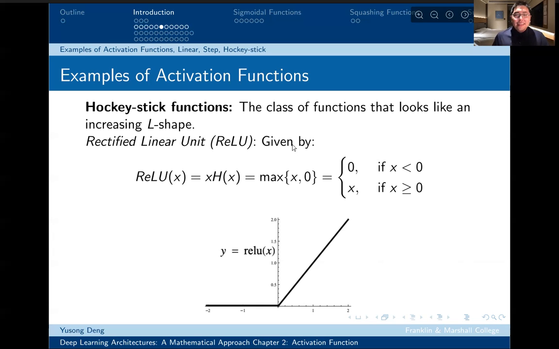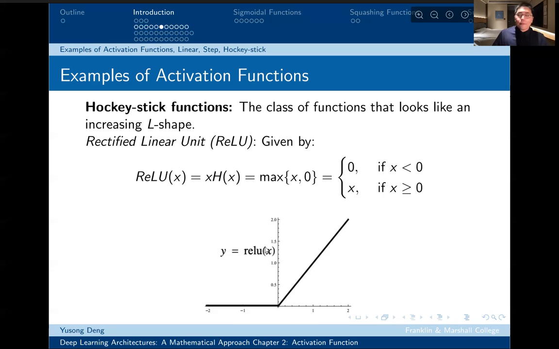English is too complicated. ReLU is given by ReLU(x) equals x times H(x). Remember what H(x) is? The step function, the unit step function, or Heaviside function, if you like. It equals max(x, 0), or in an easier way to see it, it equals 0 if x is smaller than 0, and x if x is greater or equal to 0.